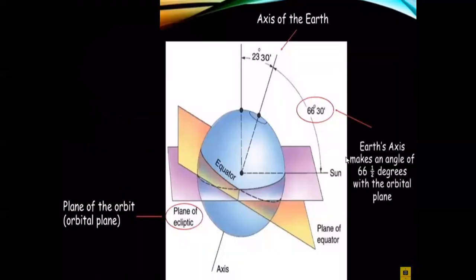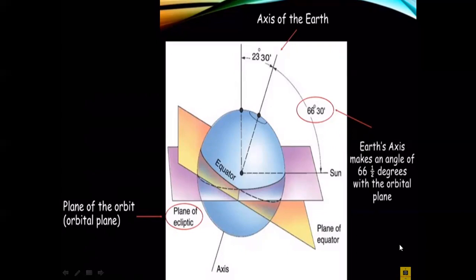And as you can see here, this slanted line is the axis of the Earth, and this is the equator. The angle between the equator and the axis is 66 and a half degrees, that is 66 degrees 30 minutes, with the orbital plane.